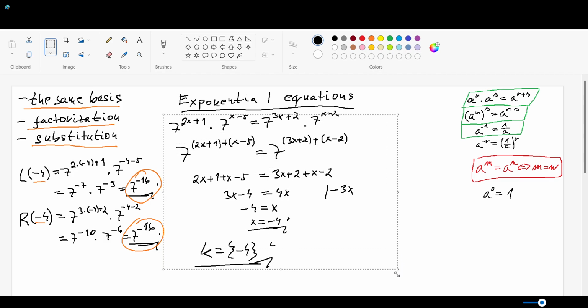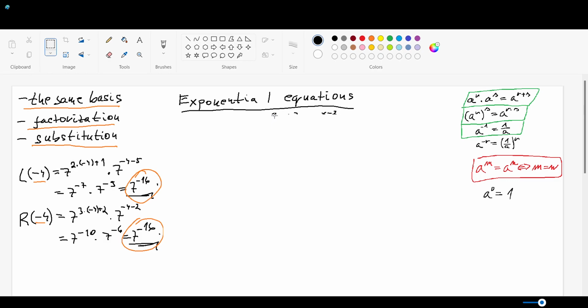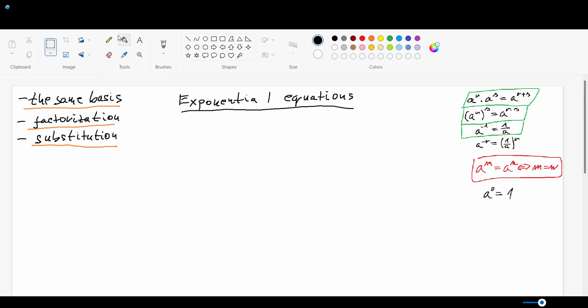Let me show you another example, which is not that easy, but it's a little bit different than this one. My second equation will be like this: 2 to the power of 3x times 4 to the power of 3x minus 3 is equal to 8 to the power of 2x plus 1.